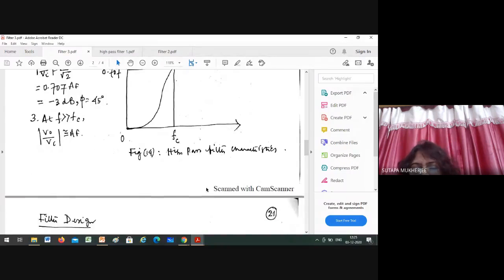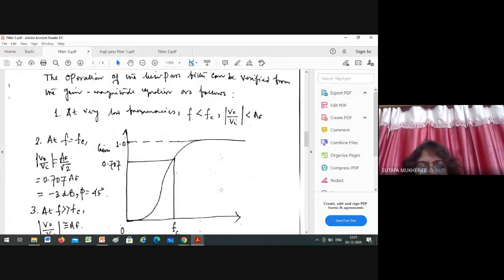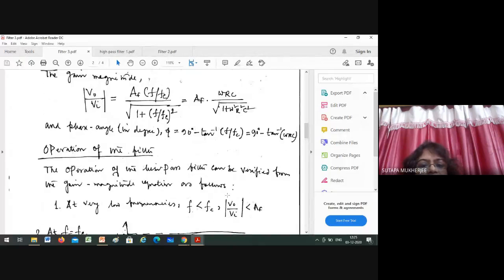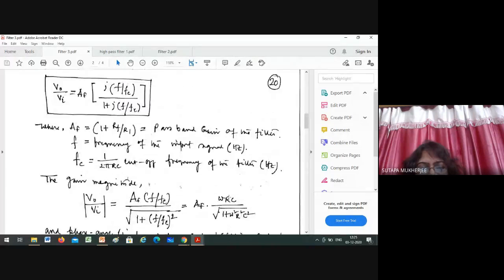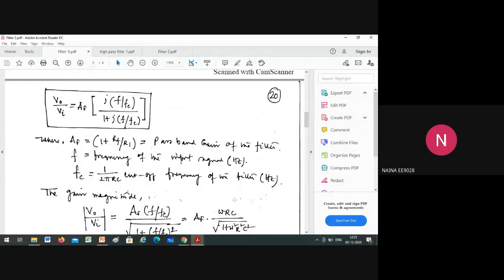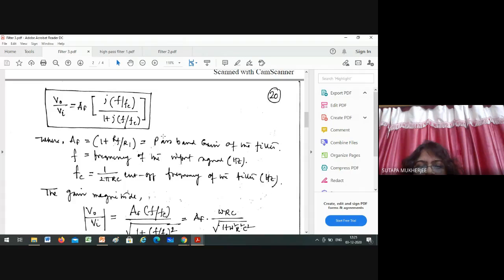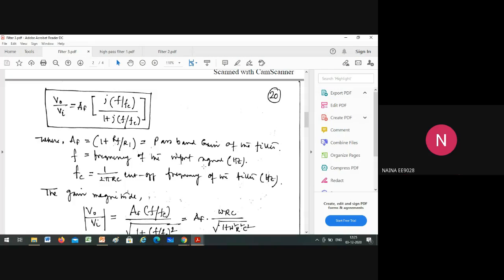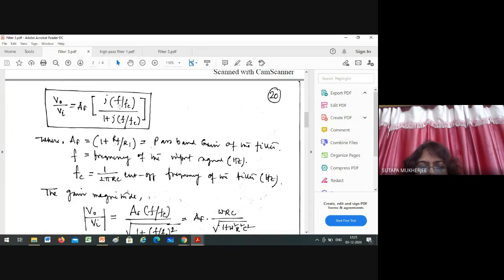Now is it clear to all of you? Anybody has any problem, just ask me. If you say, ma'am, I didn't understand, I will explain again. Ma'am, I didn't understand this low frequency part. Of high pass, this low frequency when f is less than fc. Just look at this equation.